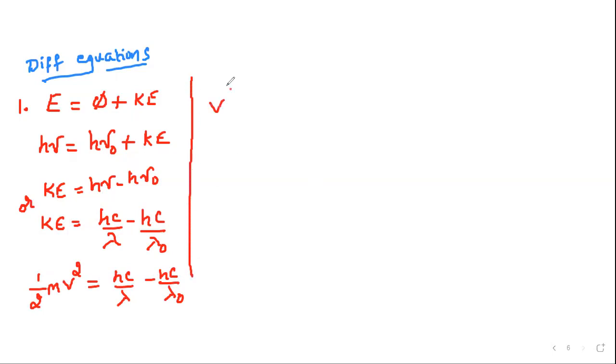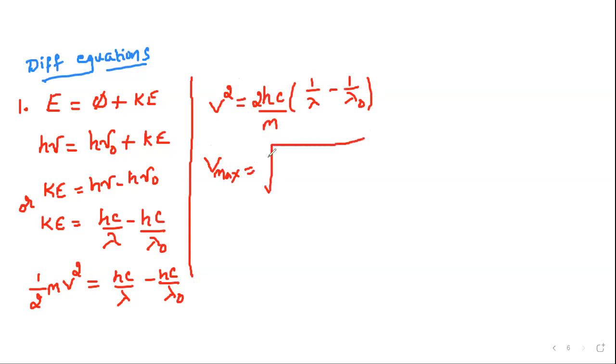So what is v squared from this equation? If you take out hc as common, you are going to get 1 by lambda minus 1 by lambda naught. So this will become 2 times hc divided by m. What is this maximum velocity v? If you don't want this square, you can take out the root. So it is square root of 2 times hc by m into 1 by lambda minus 1 by lambda naught.